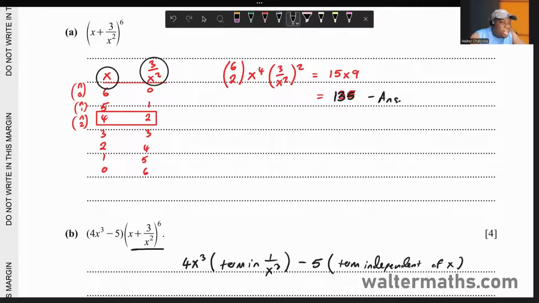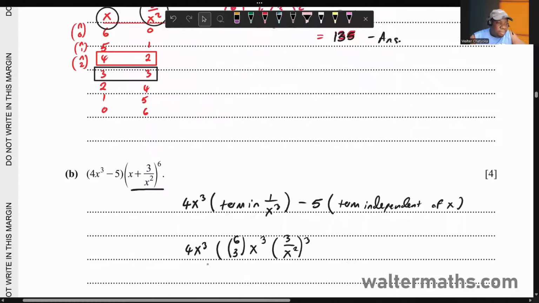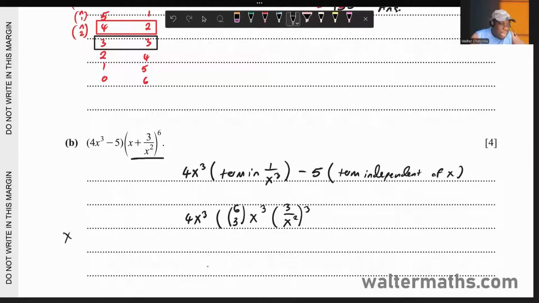That happens when x has a power of 3 and 3 over x squared has a power of 3, so we have 6 choose 3 of x to the power of 3 and 3 over x squared to the power of 3. This term, x cubed times 3 over x squared cubed, gives something like 3 cubed over x to the power of 3, which is actually what we're looking for, a term in 1 over x cubed.